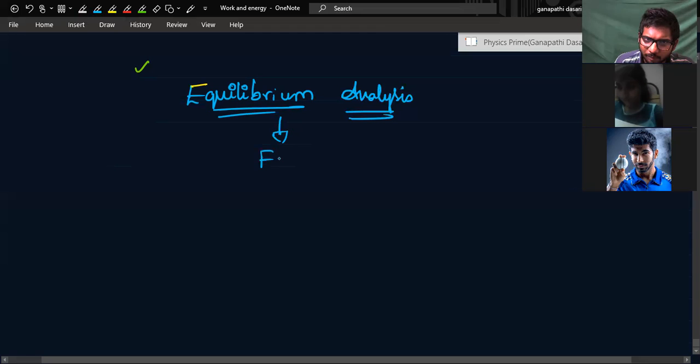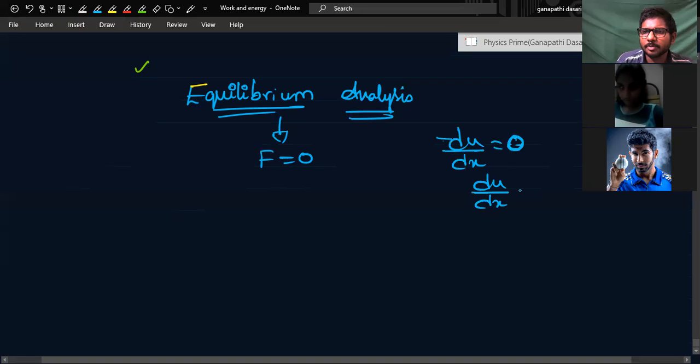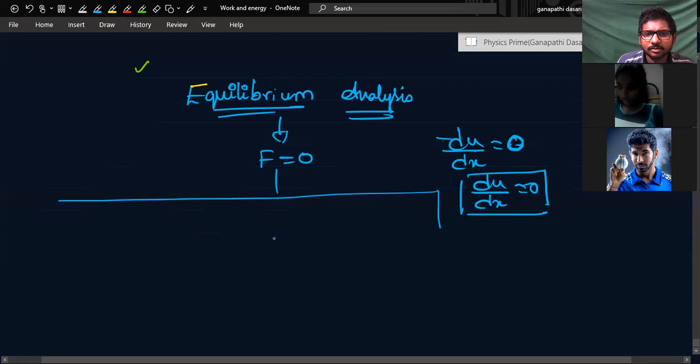The net force should be zero. Zero means minus dU by dx should be equal to zero, so dU by dx should be equal to zero.